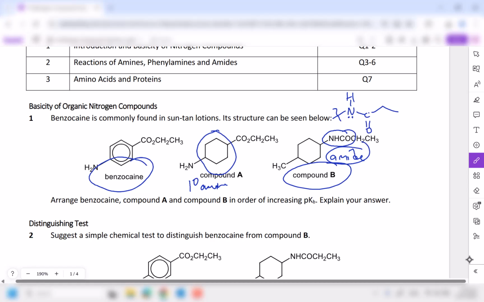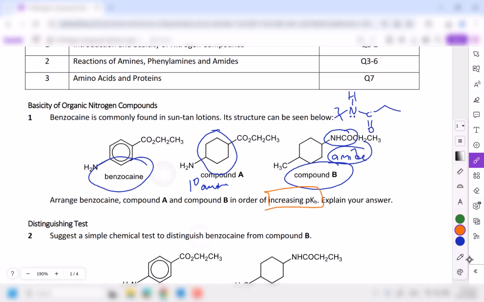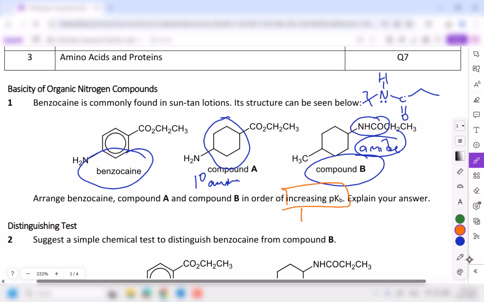The question is, we're supposed to arrange benzocaine, compound A and B in order of increasing pKb. Let's focus on what we learned in acid-base equilibrium. Increasing pKb means from the lowest to the highest. That also means we are arranging them from the strongest base to the weakest base.